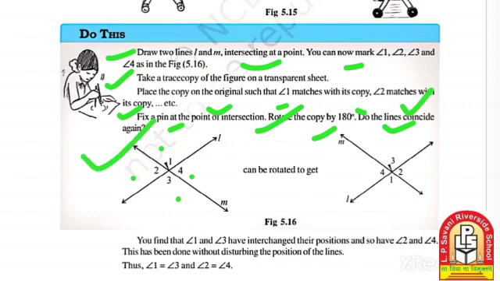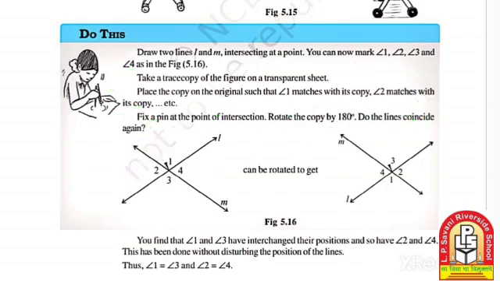So 1, 2, 3 and 4 are the angles. 1 and 3 are vertically opposite angles and 2 and 4 are vertically opposite angles. After rotating, we can see that 1 and 3 are exactly opposite angles and 2 and 4 are also exactly opposite angles.